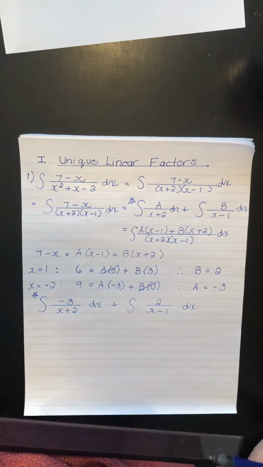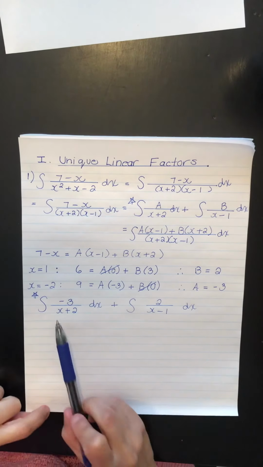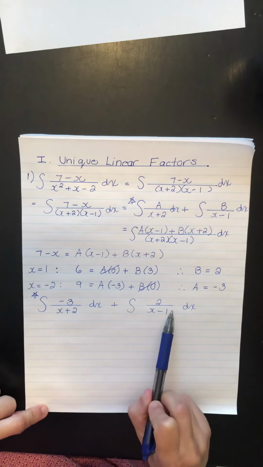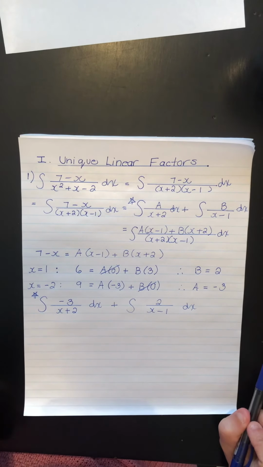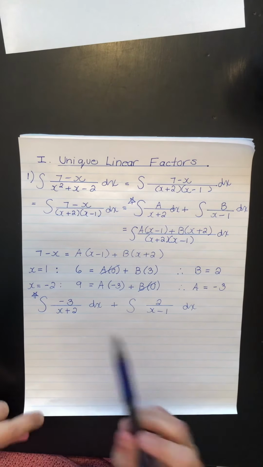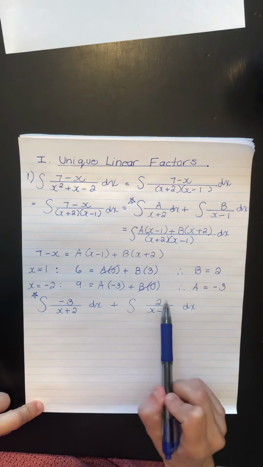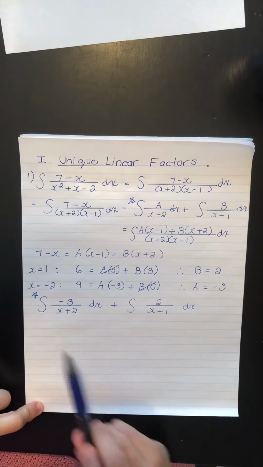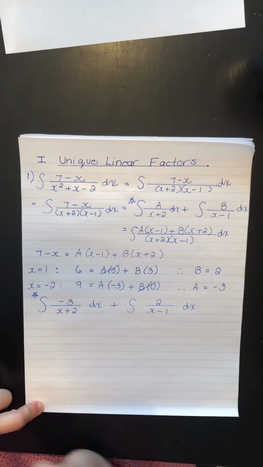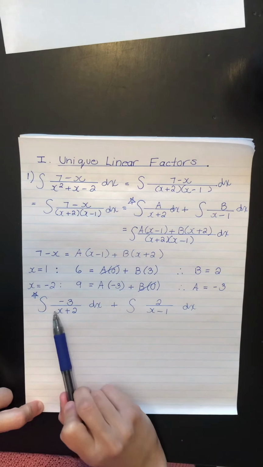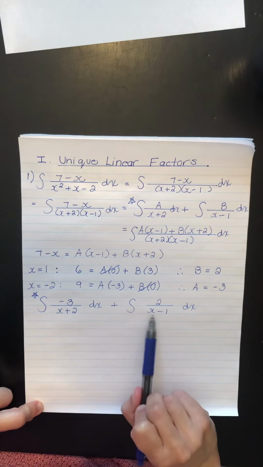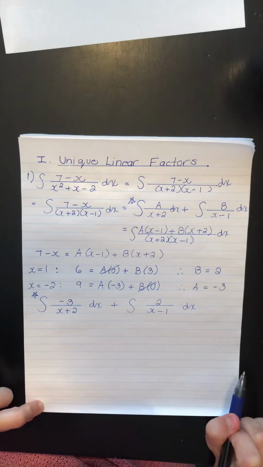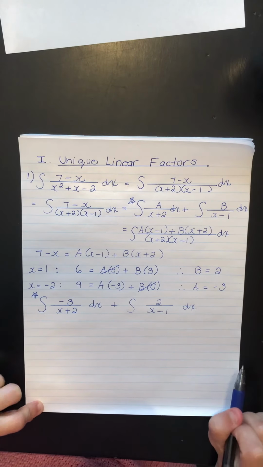Remember the condition for a natural logarithm: the expression in the denominator must have an exponent of 1 only, and there must be in the numerator a multiple of the derivative of each denominator. In both cases, the derivative of x plus 2 and x minus 1 is equal to 1.